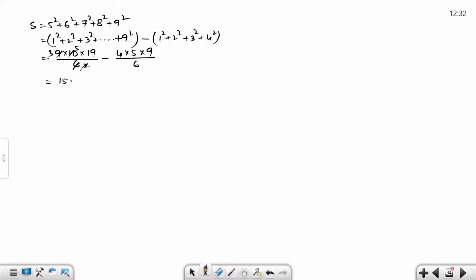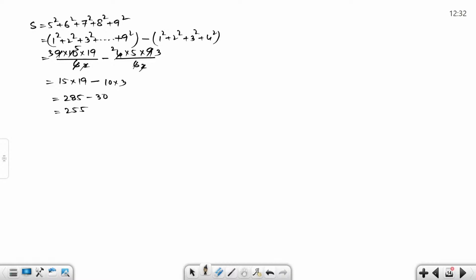So this is 15 into 19 minus 10 into 3. So we have 19 into 15 gives us 285 minus 30. So that gives us 255.